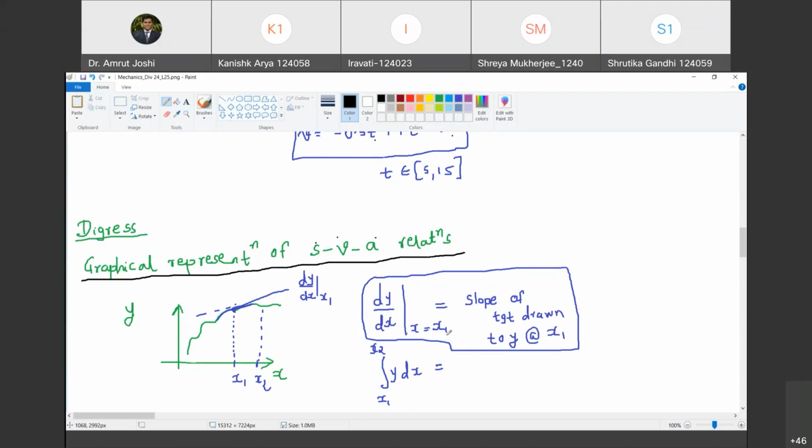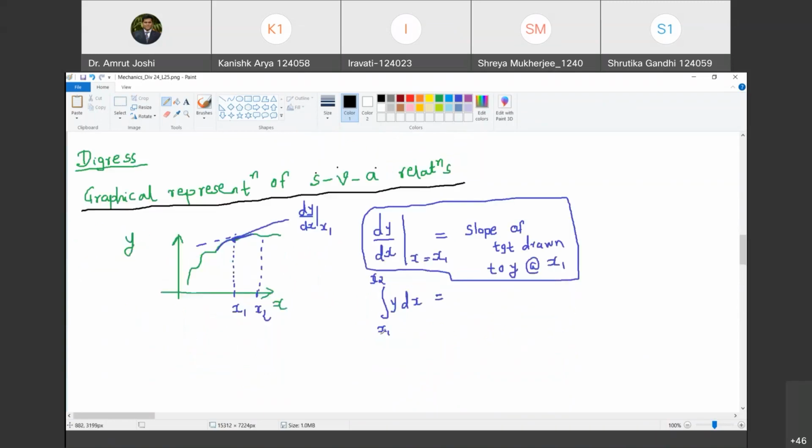Happy? Yes, sir. Okay. Now let us try to interpret what we mean by integration of this y in the range x1 to x2. Y is a function of x, so I can integrate it with reference to dx. Integration y dx from x1 to x2. What does it give? Tell me. Graphically, does it give me this shaded area? Yes, sir.